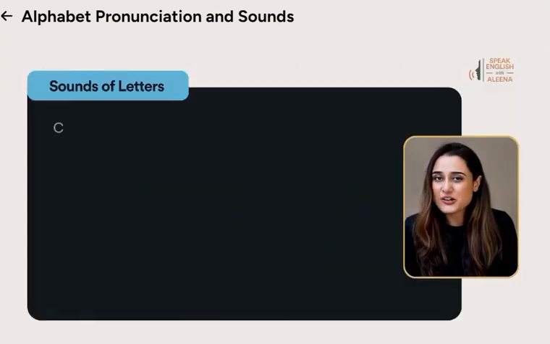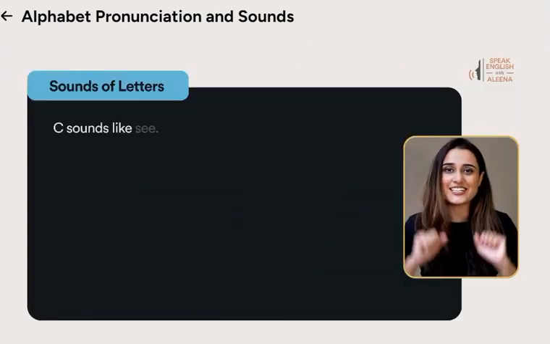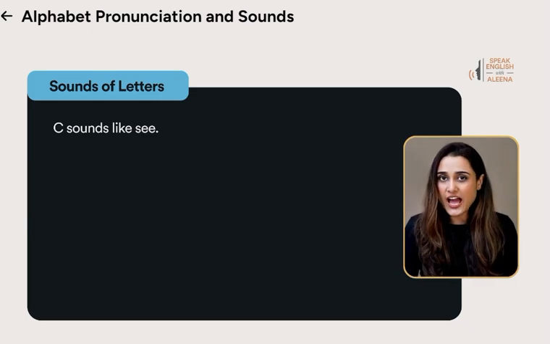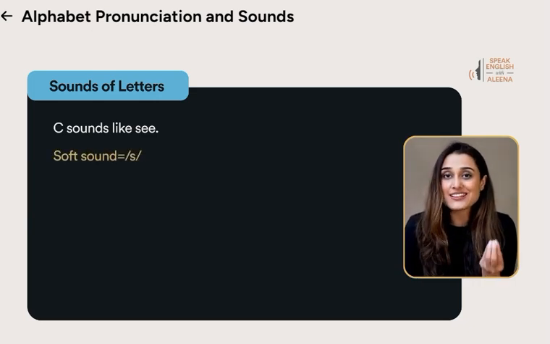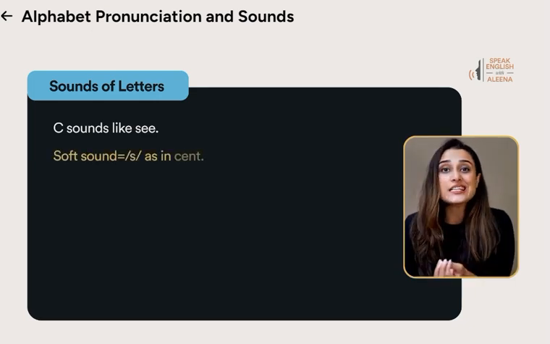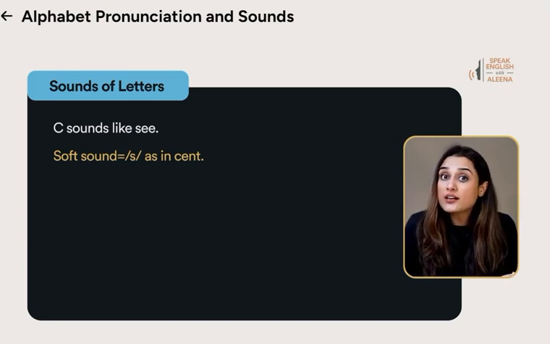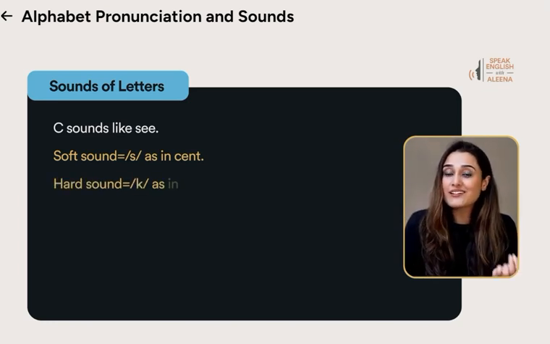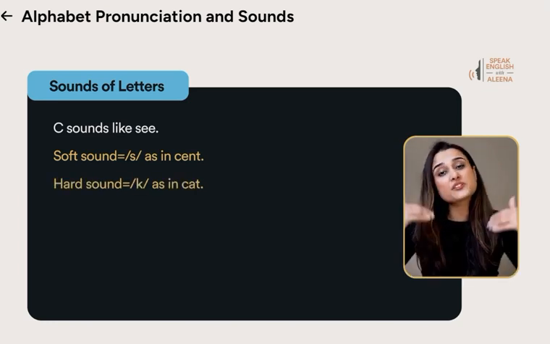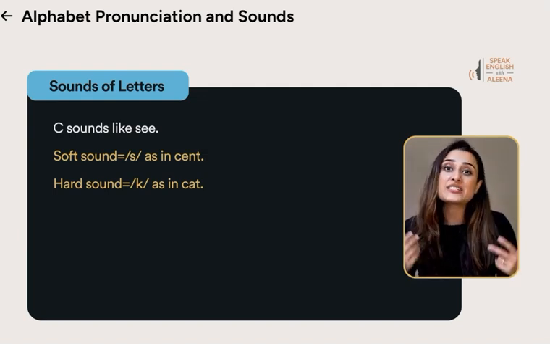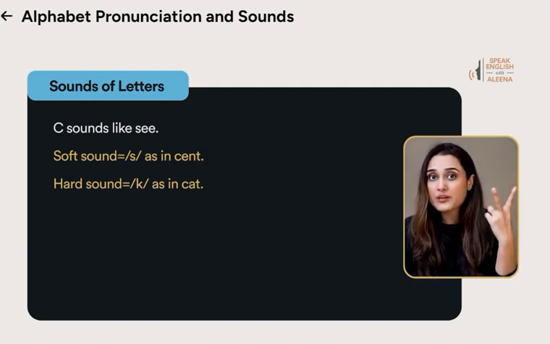Let's start with a consonant named C. So letter C has a soft sound as in 'sir' in scent, and it has a hard sound as K in cat. So letter C is pronounced as C, but letter C can have two different pronunciations.